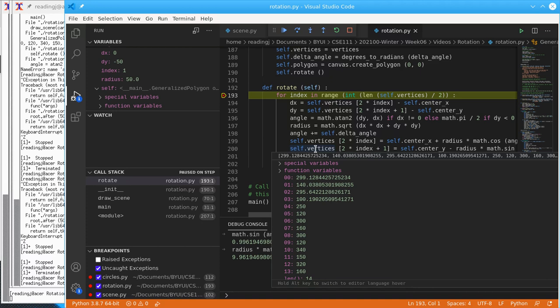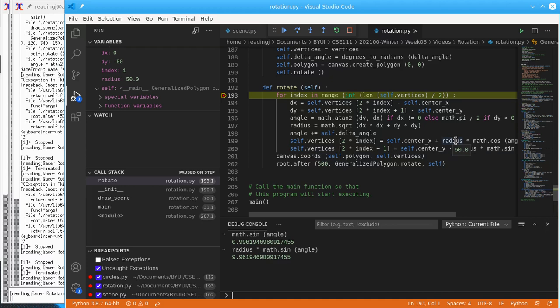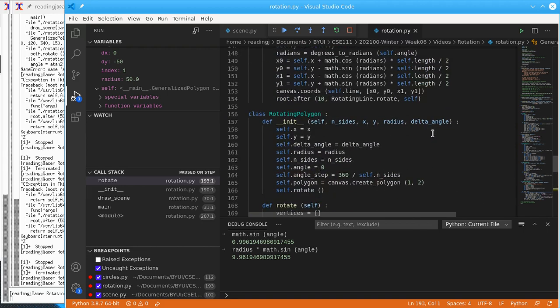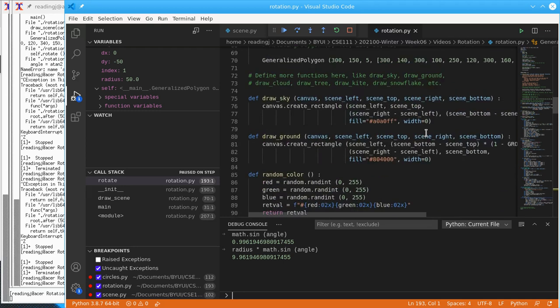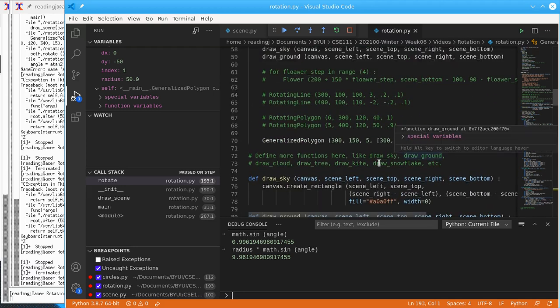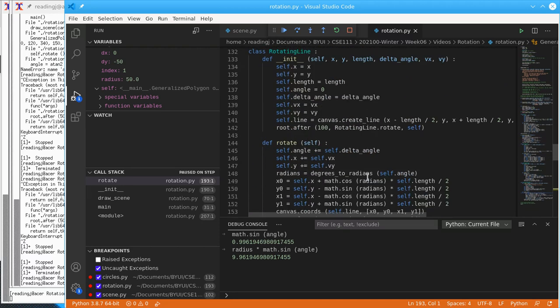What was radius? 50. Should the radius to the second one be 50? Sure is. So it is 50. Alright, shows what I know.